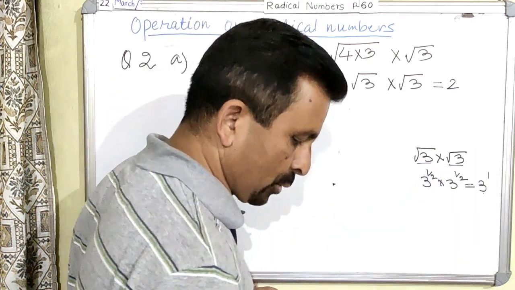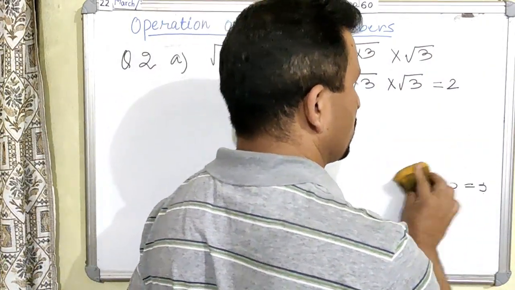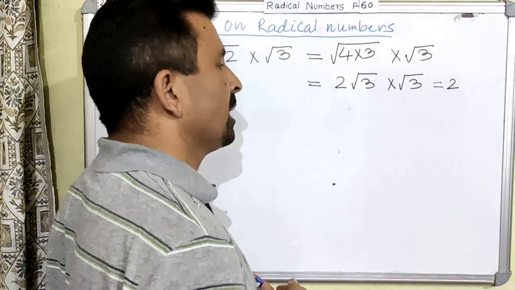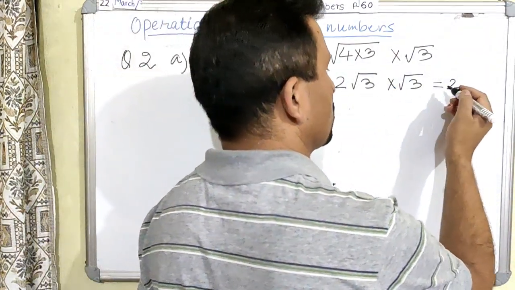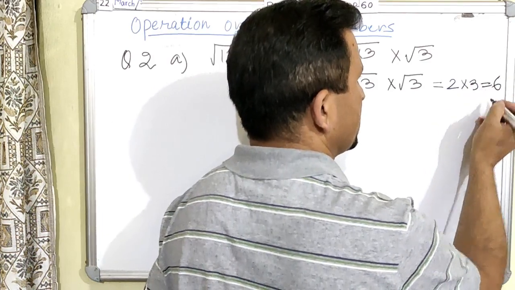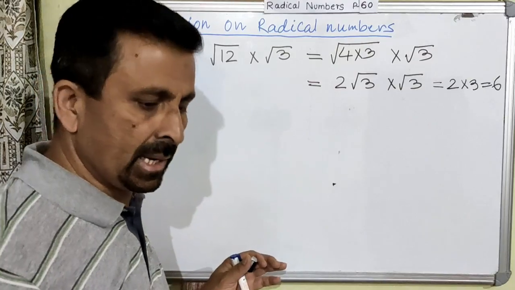Similarly, root 2 into root 2, the answer will always be 2. Root 4 into root 4, the answer will be 4. Root 5 into root 5, the answer will be 5. So root 3 into root 3, the answer is 3, and therefore your answer is 6. Hope this is very clear.